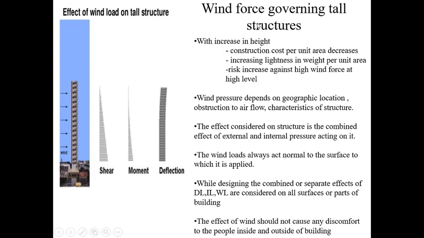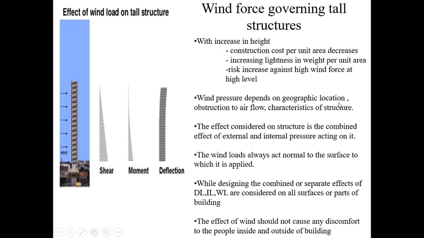So now what are the factors we shall consider for wind force, or for designing of the tall structure, or to consider the effects of the wind on the tall structure? So here the wind pressure will depend on the geographic location, which means in which place the building is being placed or located.